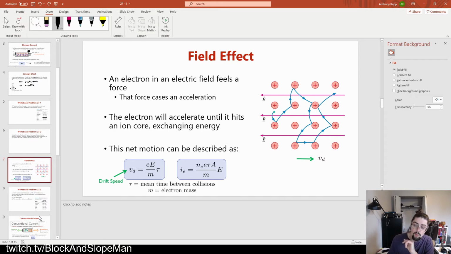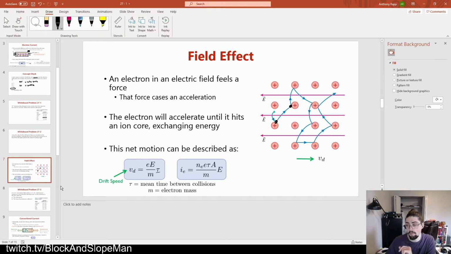So we've got some other values that we can use to describe what's going on with this movement. Let's say we actually knew what the magnitude of that electric field would be acting on my conductor. Then I can redefine my drift velocity and therefore electron current by defining it instead of with these other values. I can define that drift velocity with a value called tau, the mean time between collisions. So how long it takes to get from this collision to this collision.